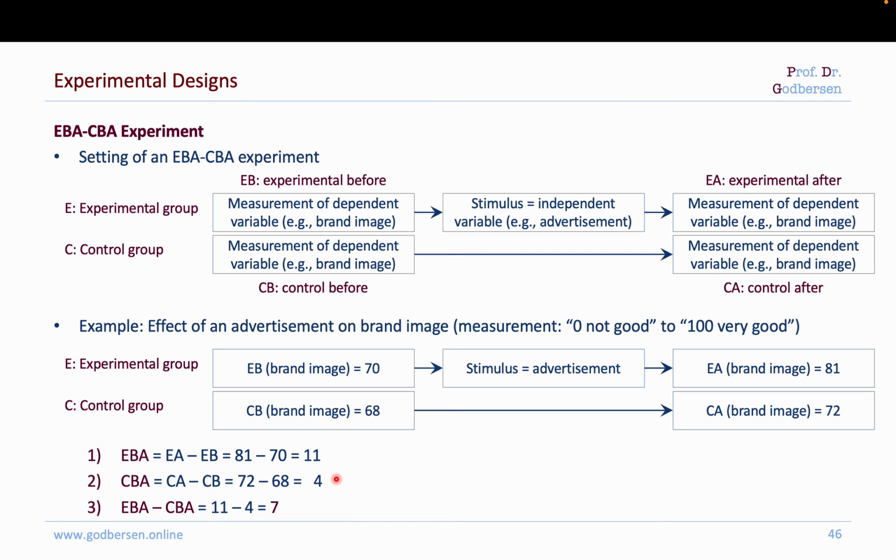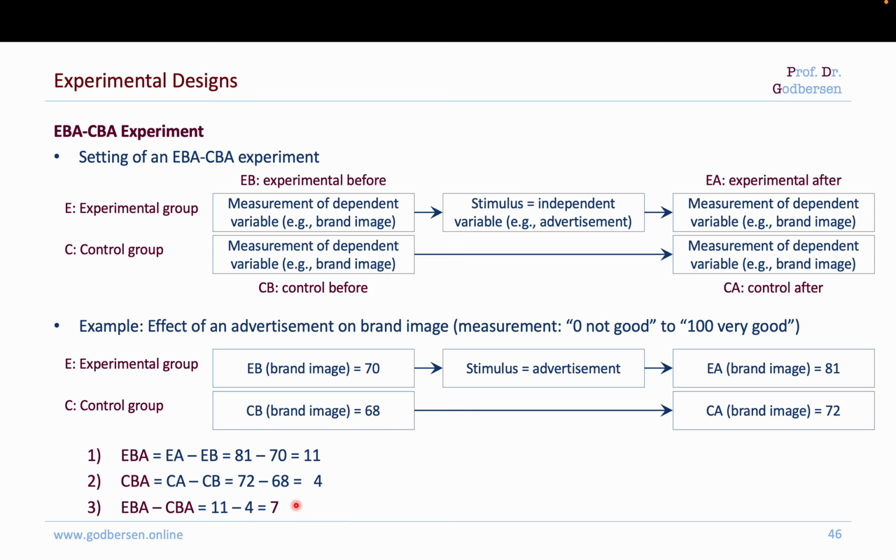Then, in the third step, we calculate EBA minus CBA. 11 minus 4 is 7. Now we can see the brand image improved better or more with the experimental group than with the control group. Happy days, we have an advertisement that actually works out.